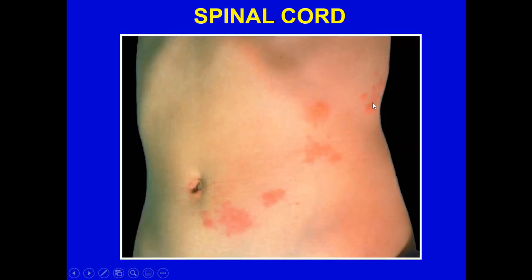Here's an example of shingles. It's very painful. As you can see, it comes down to the umbilicus here, along this area of the cutaneous sensory distribution of the spinal nerve.